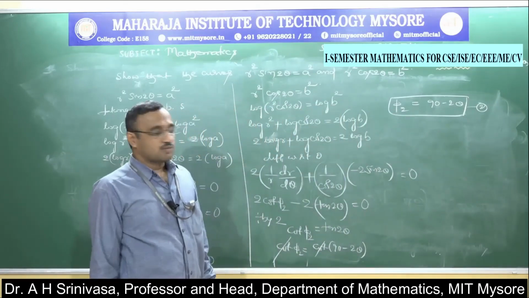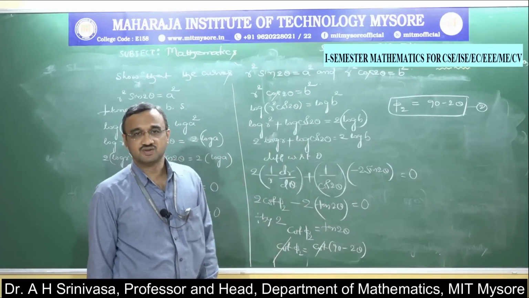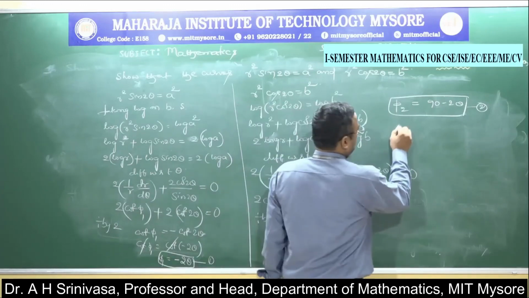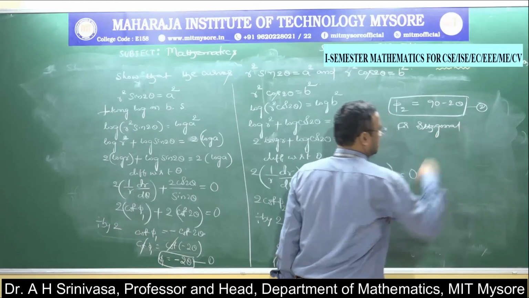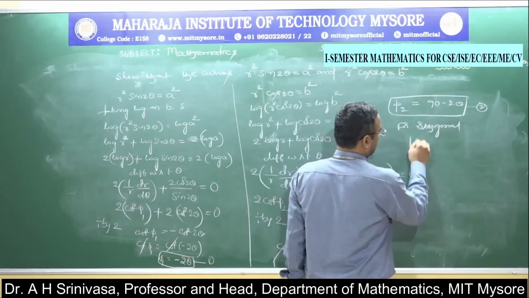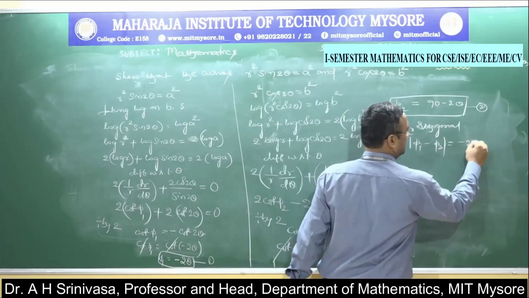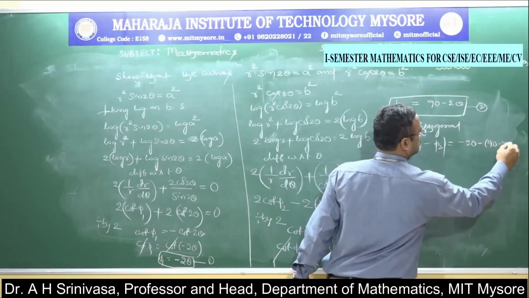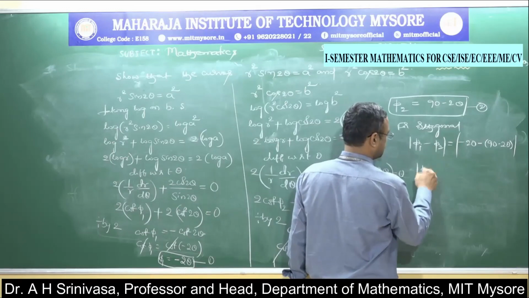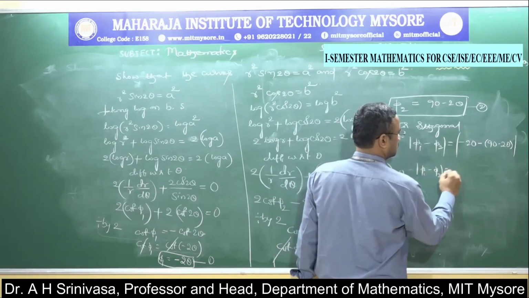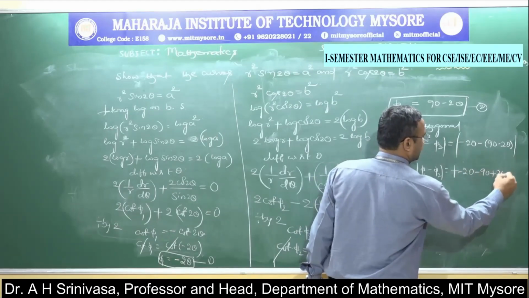Now what I'm going to show, that the curves intersect orthogonally, is just to take the difference of those two. For orthogonality, now take the absolute value of phi 1 minus phi 2. Phi 1 is minus 2θ, then the absolute value of 90 minus 2θ. Minus 2θ minus 90 plus 2θ.